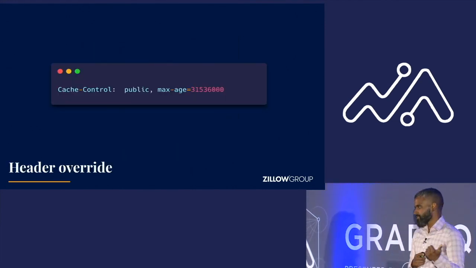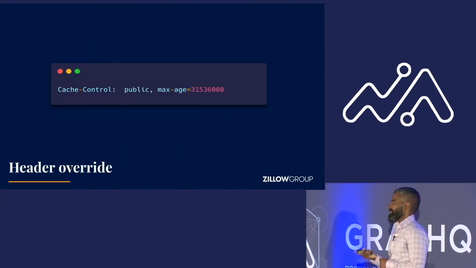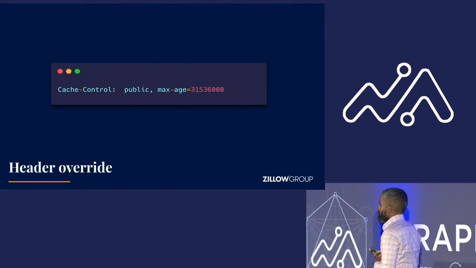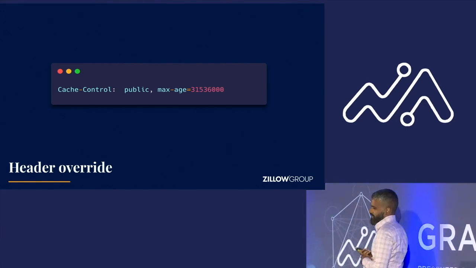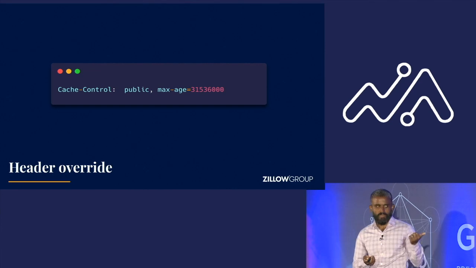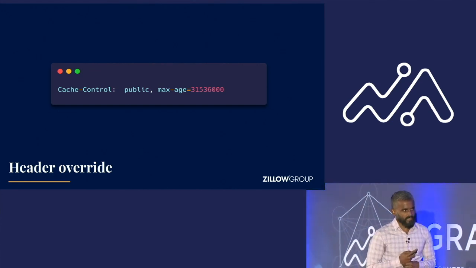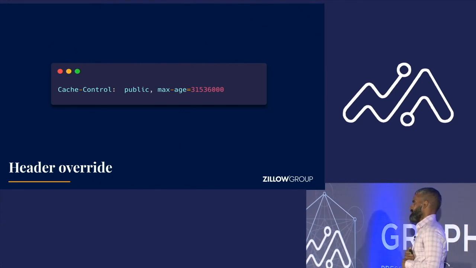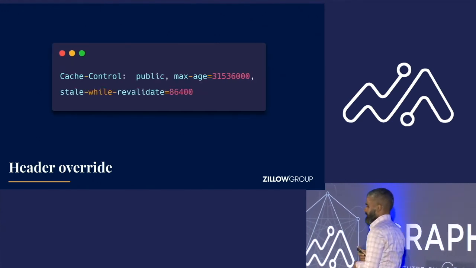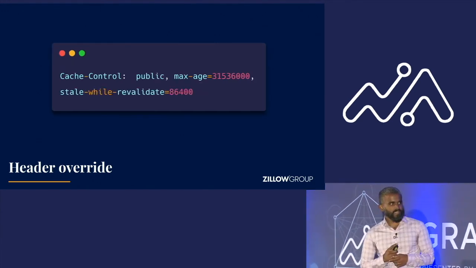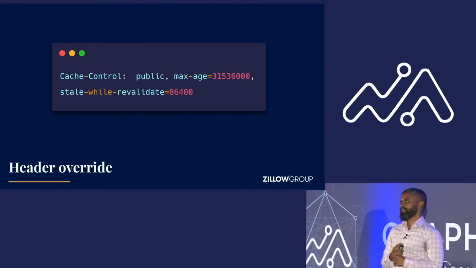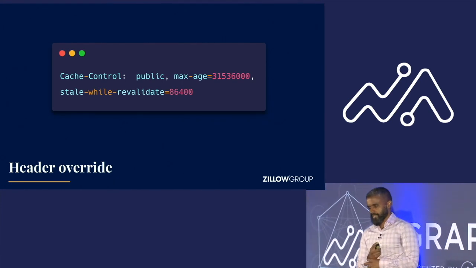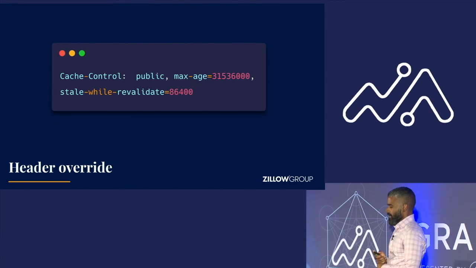And to override those values, all the backend APIs needed to do was specify this cache control header. In this case, max age set to a year, I think, that overrides the 7-day value. And to override the grace period, it had to specify the stale-while-revalidate header as part of the cache control.